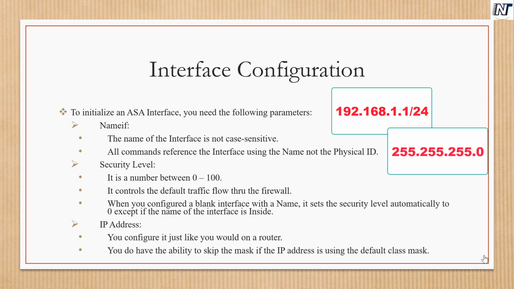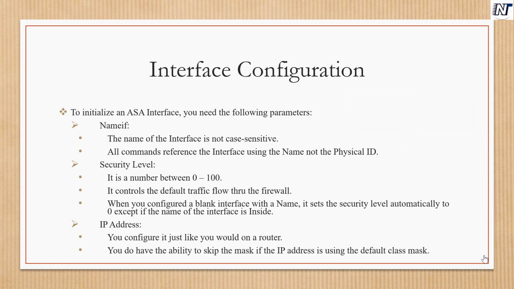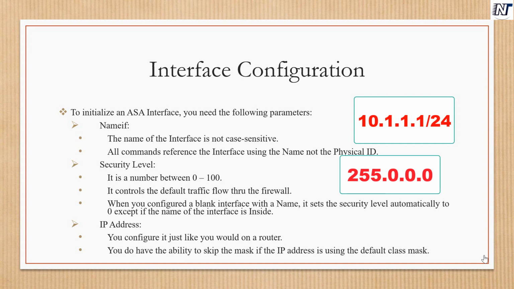But suppose you have to set the IP address 10.1.1.1 and the subnet mask is /24 for this particular IP. I put the IP address like 10.1.1.1 and then I press enter. It will take the command, but when you go back to the running config, you will see that the netmask is set as 255.0.0.0.